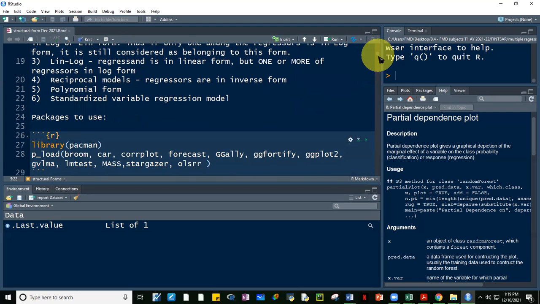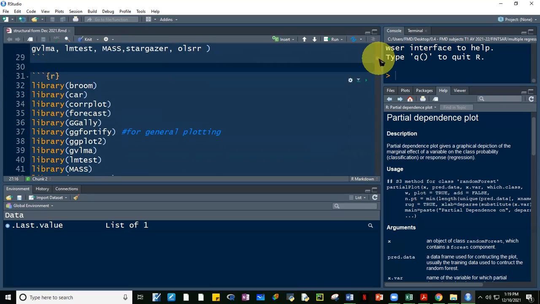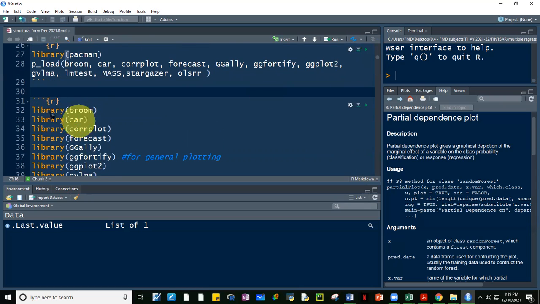Now these are the packages that we're going to use. Quite a lot, but as we learned last time, we can load the Pacman package and then load these packages. For me, I will not load them anymore. I'll give you time to load the packages, or you can use this after you have installed the package.